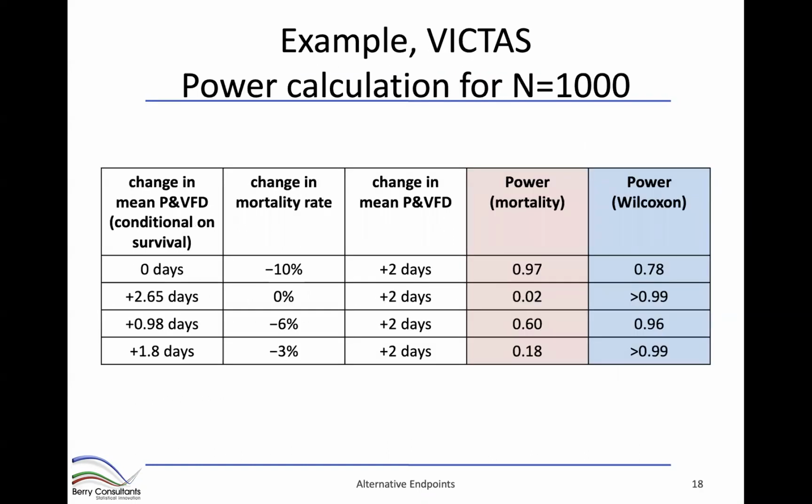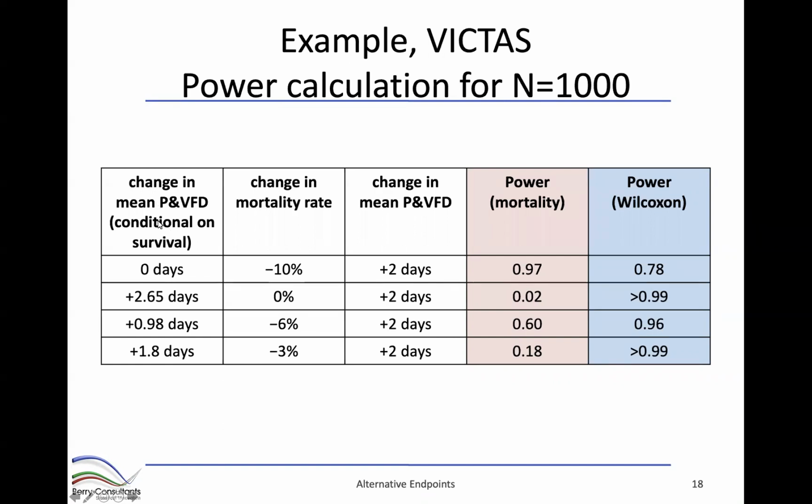To give an example of the kind of trade-off here, when we were doing the power calculations for VICTAS, we looked at various changes in pressor and ventilator free days among the survivors, and the change in the mortality rate. So let me make sure I say that correctly.